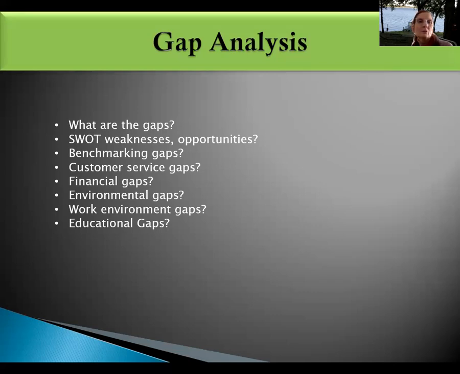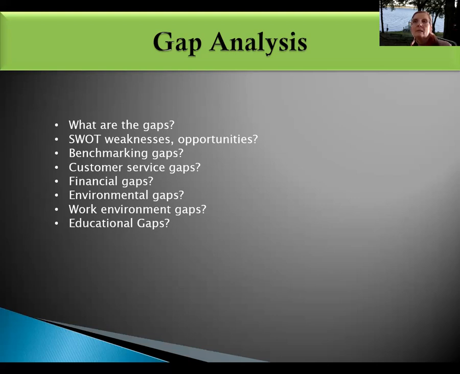We talked last week about gap analysis. So if you have a team that you've put together to work on this plan, you might discuss today what the gaps in your plans are: your SWOT weaknesses, opportunities, your benchmarking gaps, customer service gaps, financial gaps, environmental gaps, work environment gaps, and educational gaps.